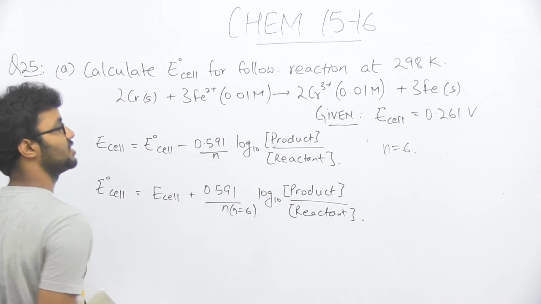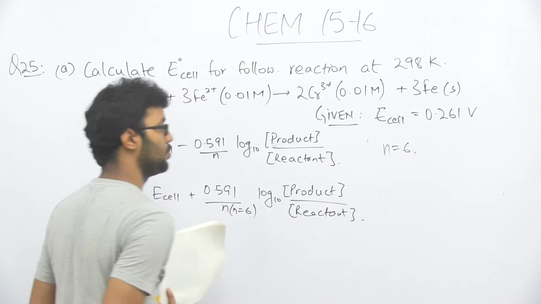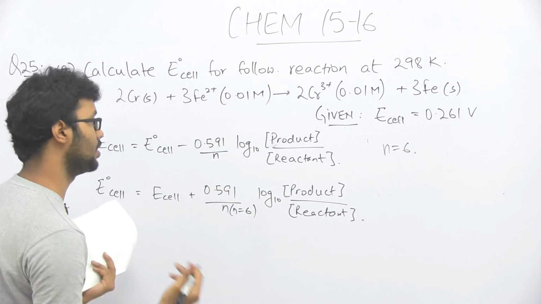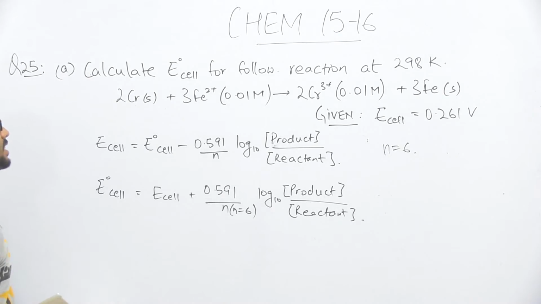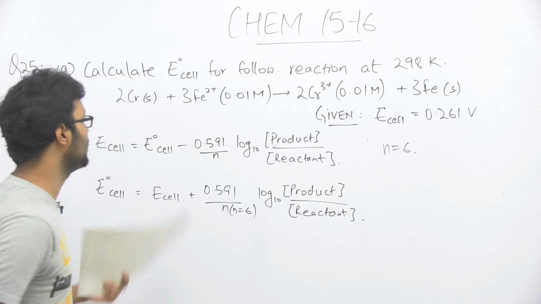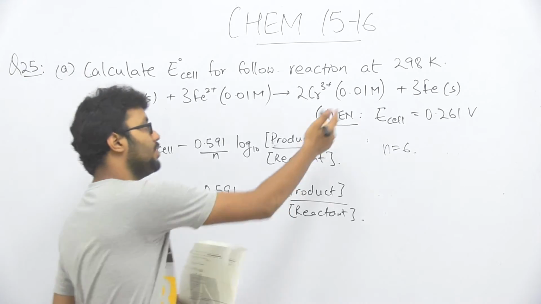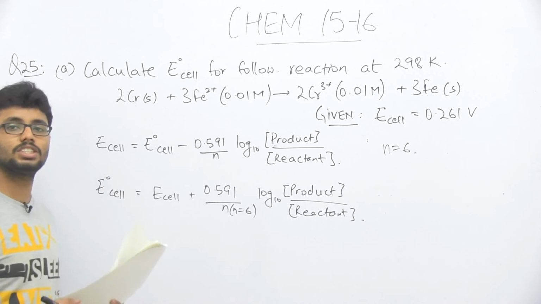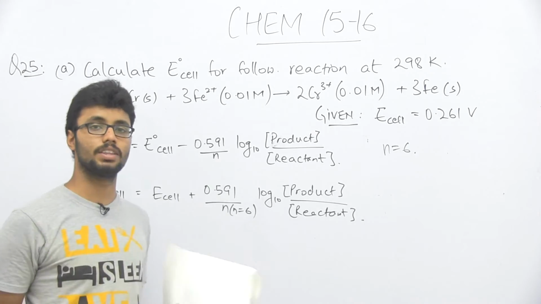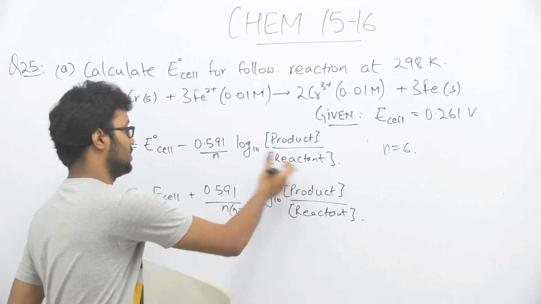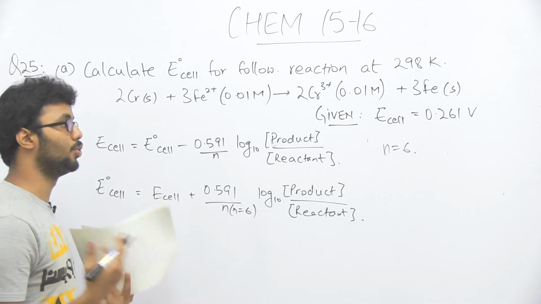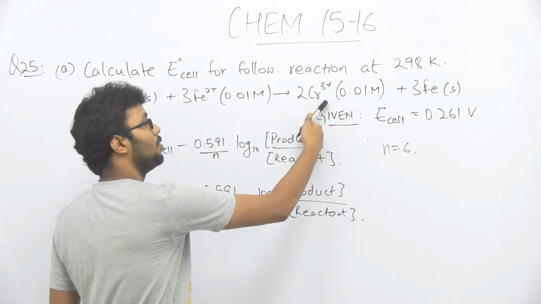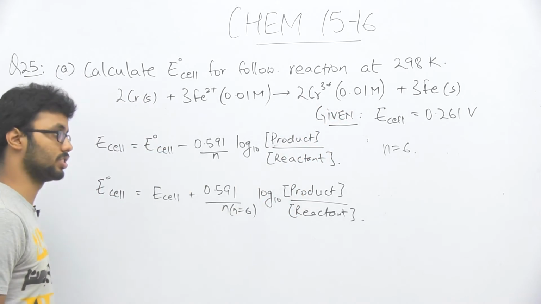We have the concentration of product, it is 0.01 molar, and concentration of reactant, it is 0.01 molar. And since Cr in the reactants and Fe in the products are in the solid state, their concentration does not affect this equation, and we take the concentration of only the ions in the solution.